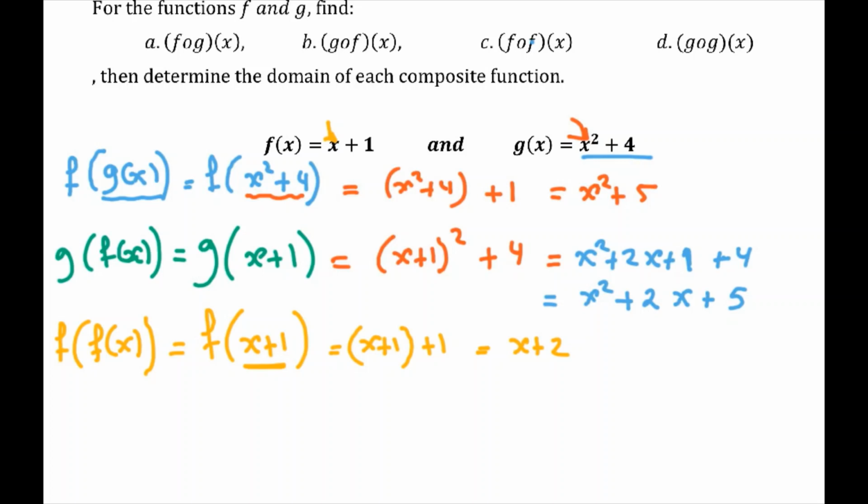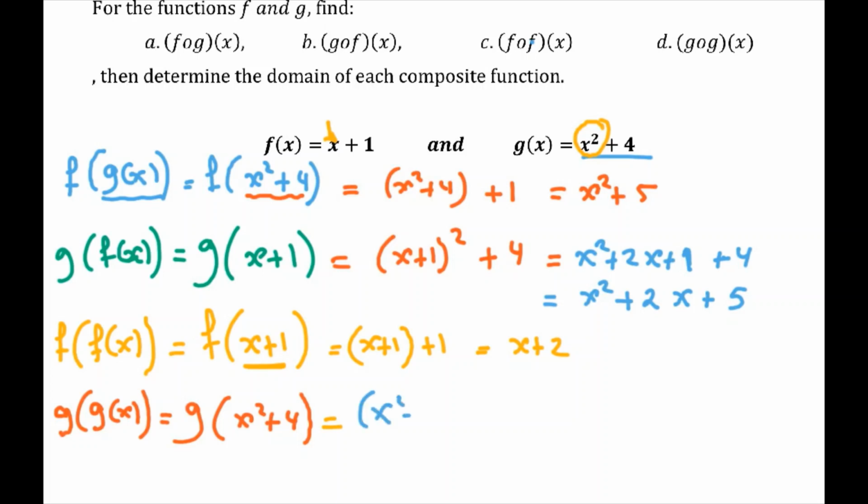And finally, g of g(x): substitute x squared plus 4 in here. Simplify.